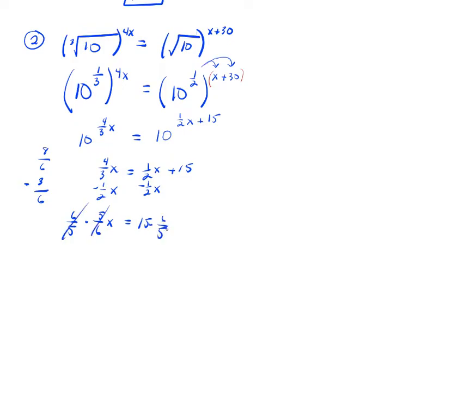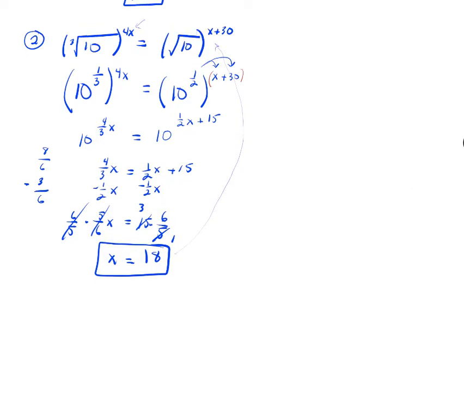And simplifying before I multiply, 5 goes into 5 once, 5 goes into 15 3 times, so x equals 3 times 6, which is 18. So when x is 18, now remember that's coming back up to our original equation, when x is 18, that will make this equation true on both sides. So the same number will happen on both sides.